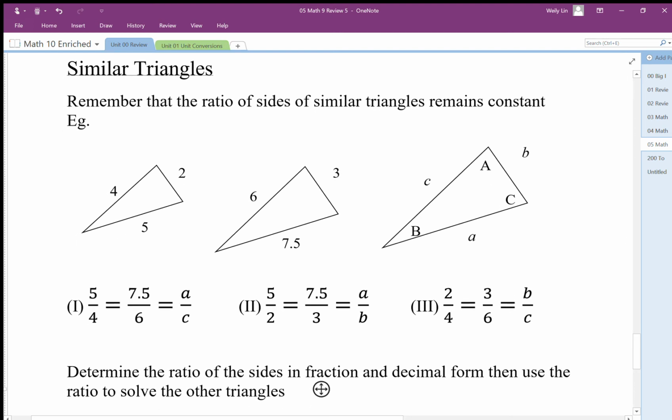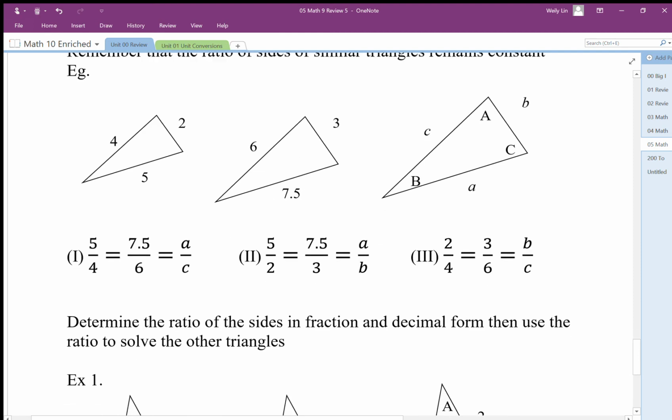Now we can do the proportions 2 ways, remember, because there's a multiplier this way and a multiplier vertically. We can do it within the triangle, or we can make a scale factor between triangles. So for example, there is a scale factor here of times by 1.5. And we can see that from here to here.